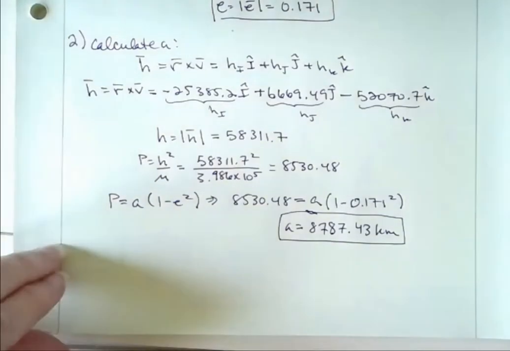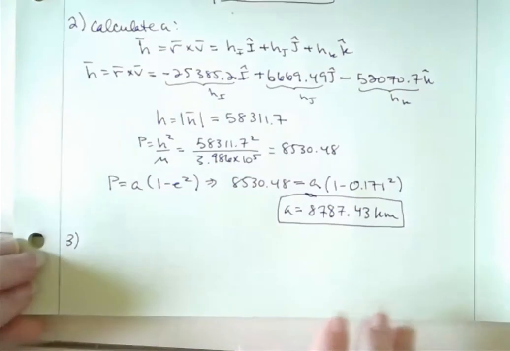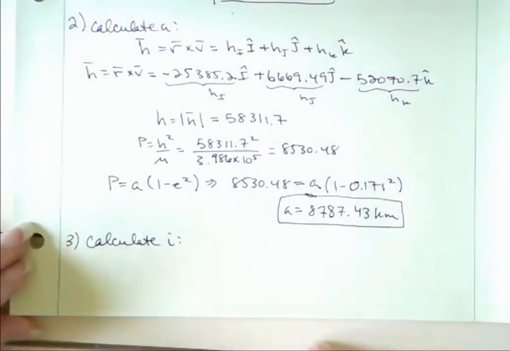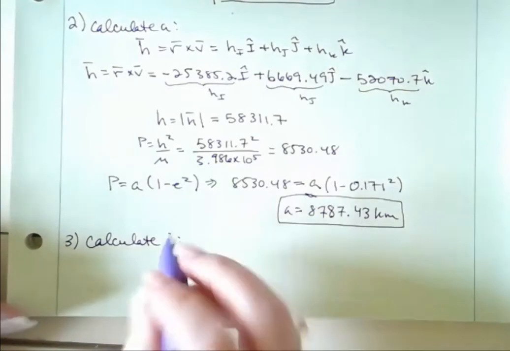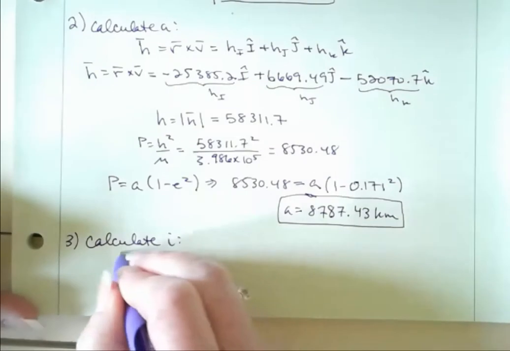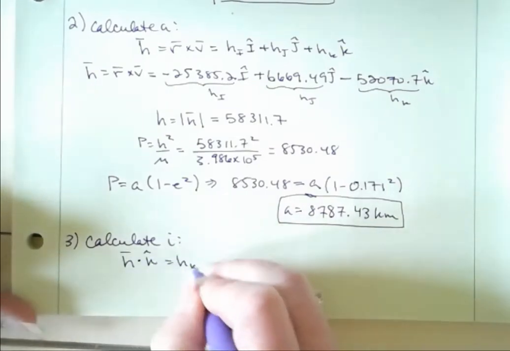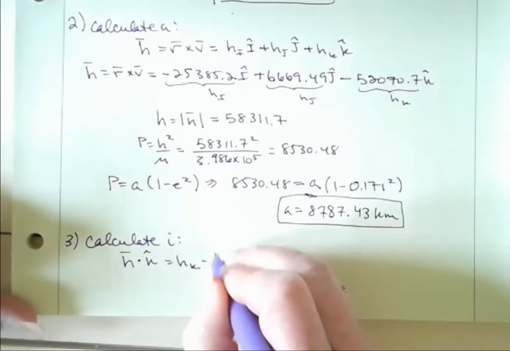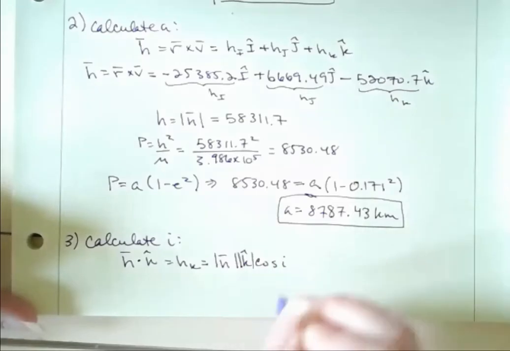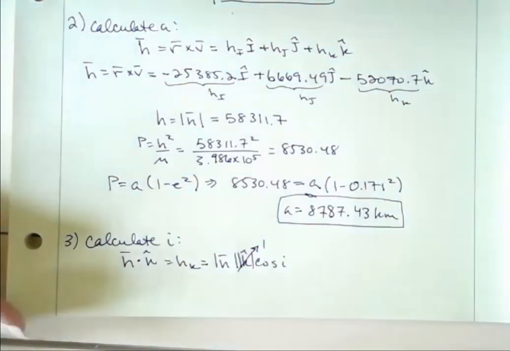Pretty simple so far, right? Not too bad. Okay, step 3 will be to calculate i. Remember, this is your inclination. It gives you that angle and tells you how much tilt you have in your orbit. So we're going to have the dot product between h and K. That's equal to H_K, and that's got to equal the magnitude of h times the magnitude of K times cosine i, and the magnitude of K is 1.